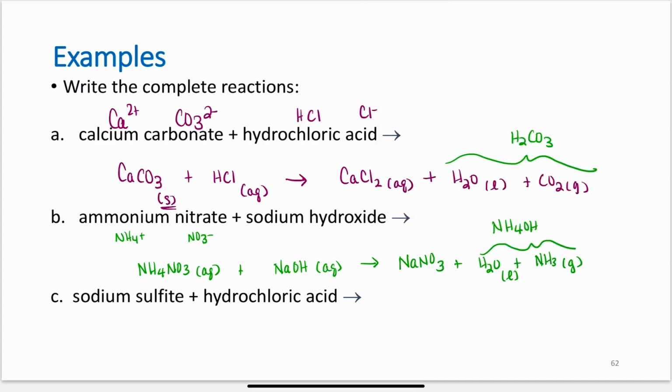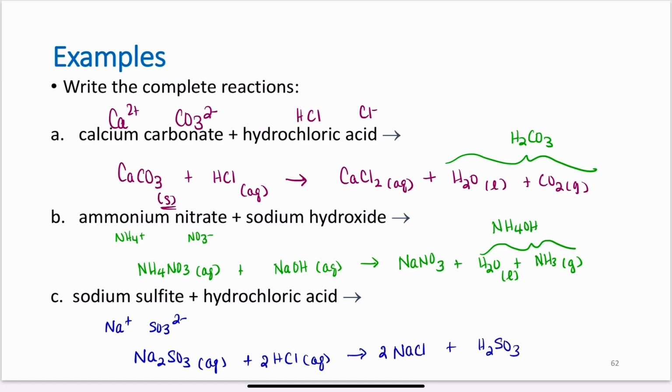And sodium sulfite and hydrochloric acid. Sodium sulfite, Na+ and SO3 2-, will give me Na2SO3. Hydrochloric acid, HCl aqueous, is a strong acid, and reacts, giving me NaCl, and I'll balance this out in just a sec, plus H2SO3.